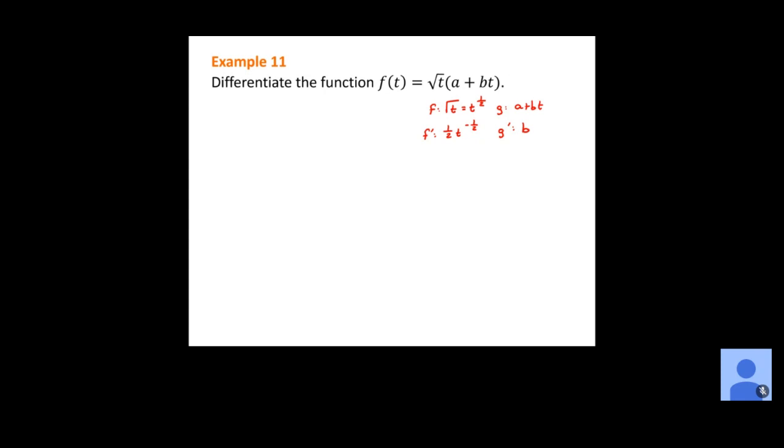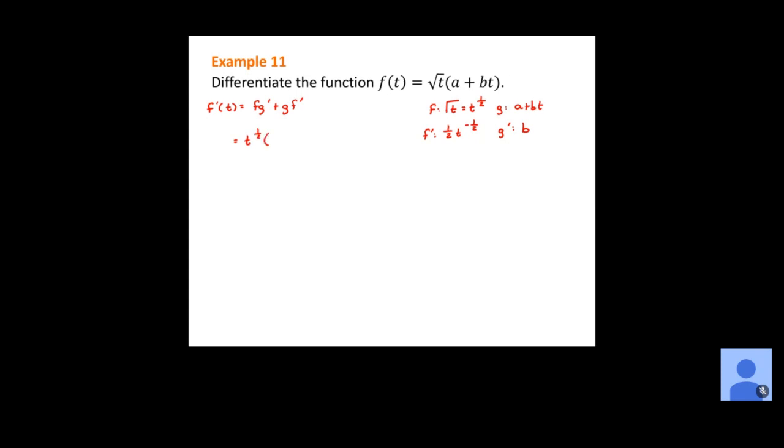All right, so now if we're using our product rule, f prime of t, we're going to have f times g prime plus g times f prime. All right, so start with f. Again, I'm going to use t to the 1/2 here just to make things easier to combine as we go.